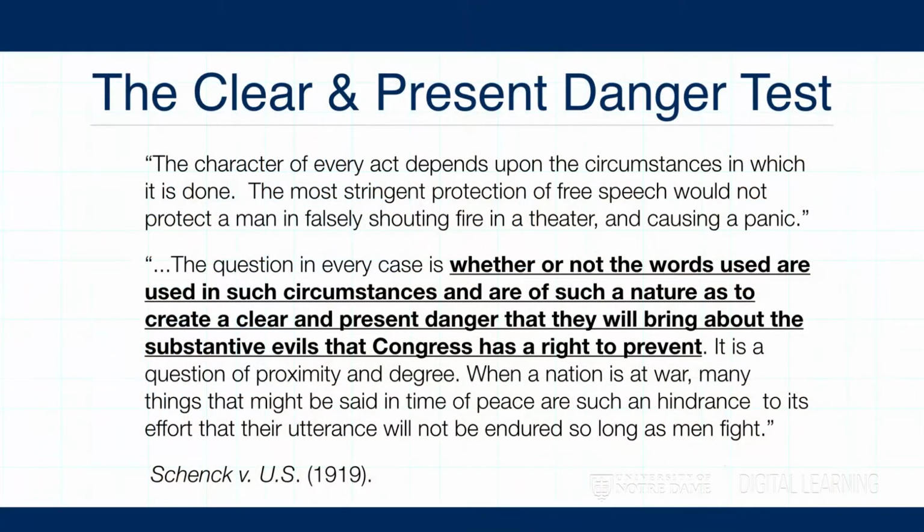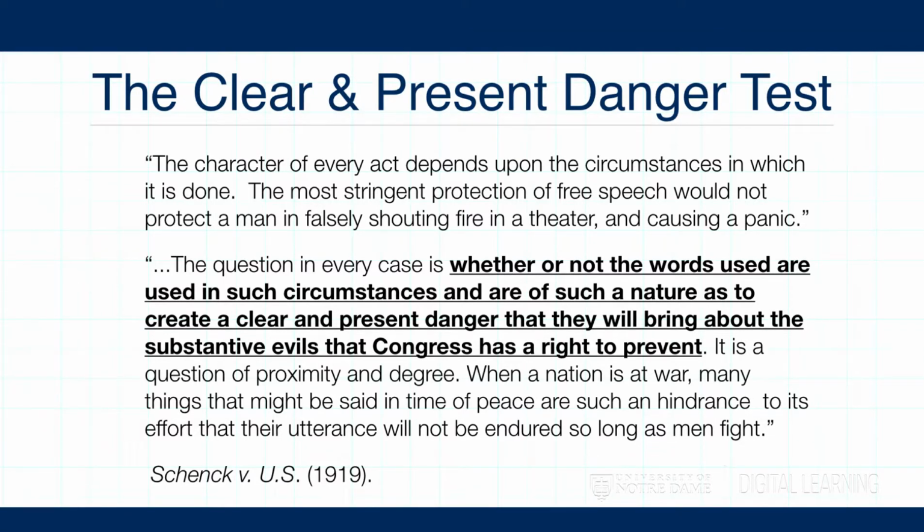The second move in the clear and present danger test, and equally as important, is not just the circumstances, but also the content of the speech itself. So as we see in the second paragraph here, the question in every case is whether or not the words used are used in such circumstances and are of such a nature as to create a clear and present danger that they will bring about the substantive evils that Congress has a right to prevent.